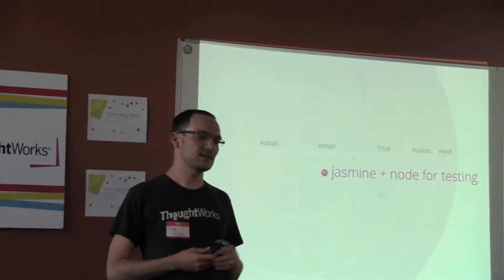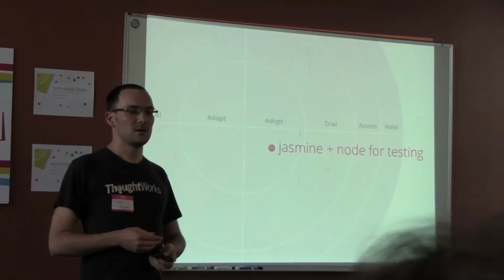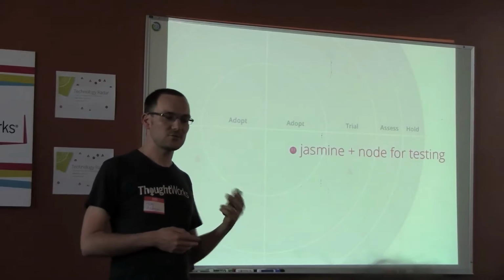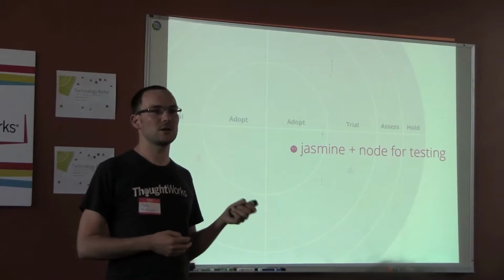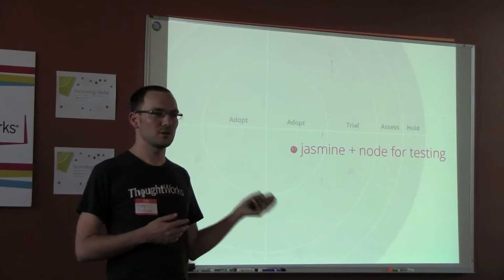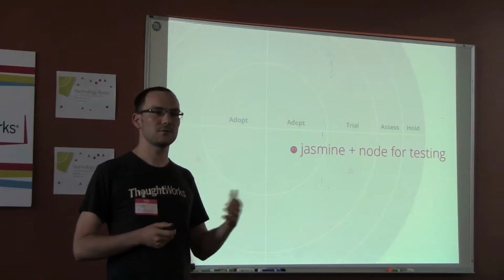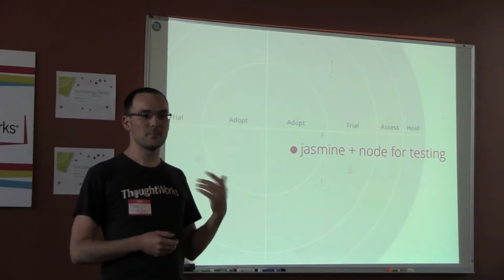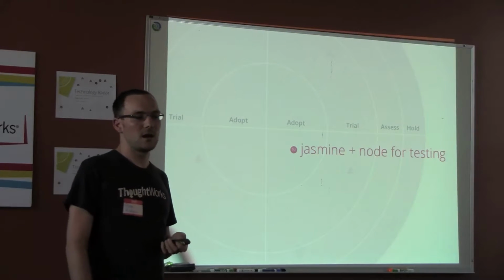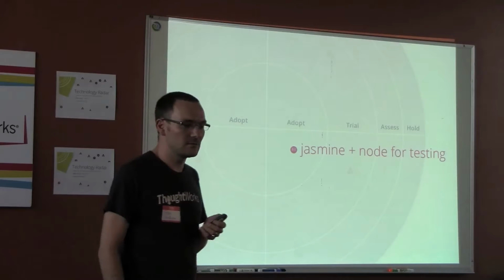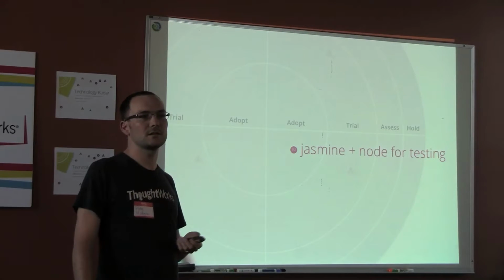So Jasmine is probably the most popular test running tool for client-side JavaScript. For server-side JavaScript, probably something like Mocha is more popular, but it's kind of probably the most popular testing framework. So that's why Jasmine is here, I would say. It has its flaws. It's not perfect.